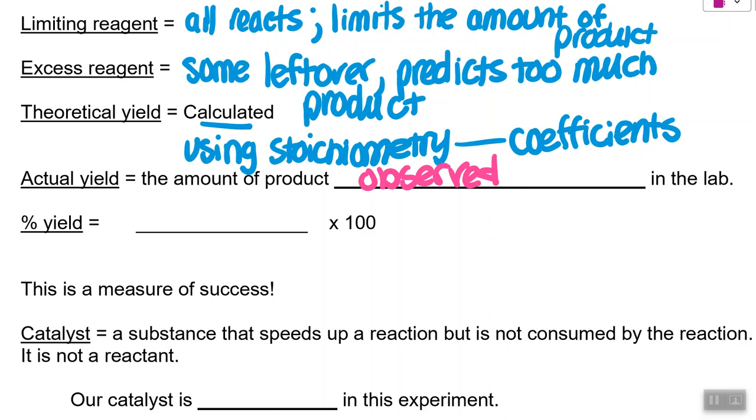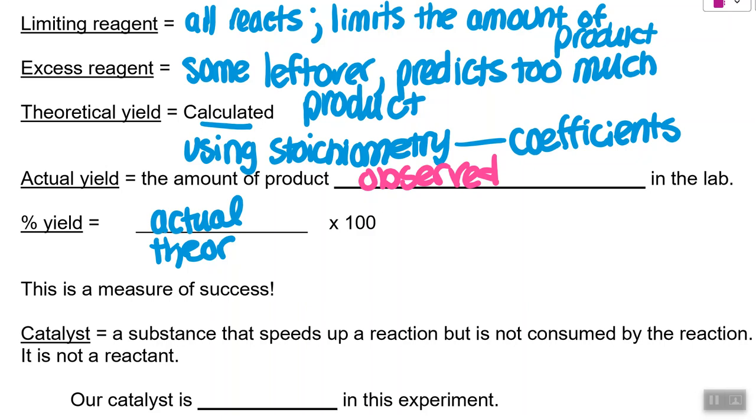And then to get your percent yield, you're just going to divide times 100. Remember, the theoretical is the maximum possible. The actual is how much you got. So this is kind of a way of seeing how good your procedure was, or your technique was.